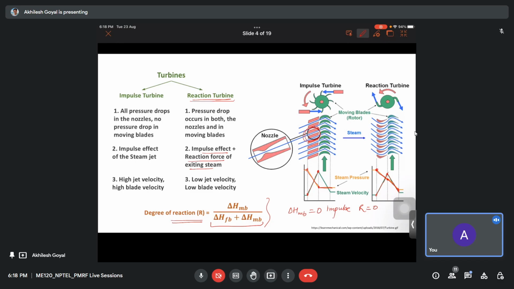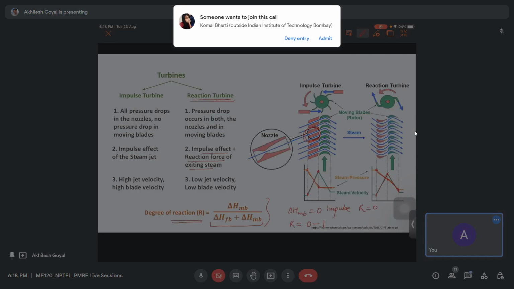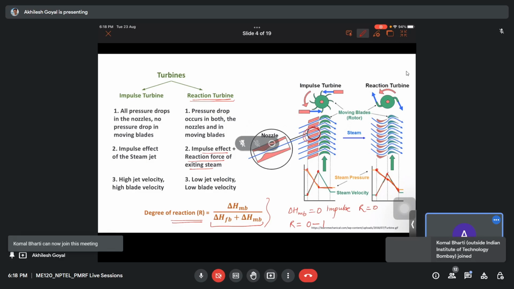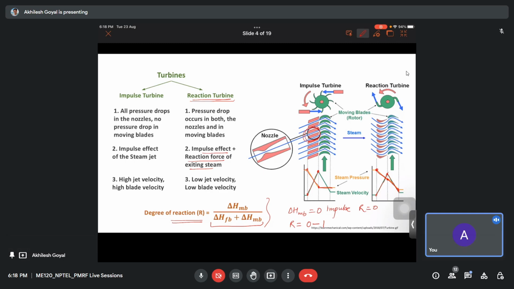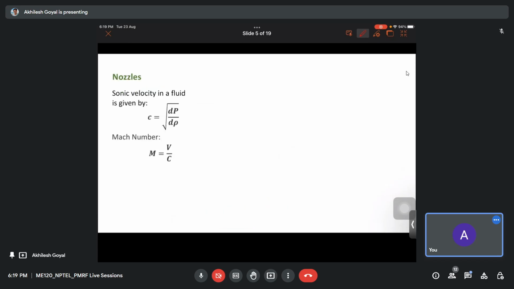And how much can it be? The value of R varies between 0 and 1. So it is 0 for an impulse turbine and 1 for a fully reactive turbine, a full reaction turbine. And in general the value of degree of reaction varies from 0 to 1. Okay, and that was the basic difference between both the turbines.